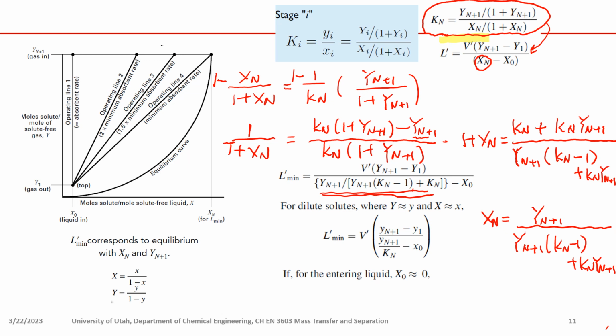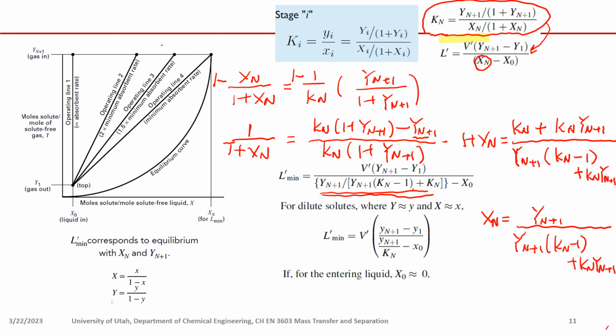And if you look at this equation, if x and y are small compared to 1, then here the denominator will become 1, right? So we have the molar ratio to be approximately equal to the mole fraction, right? Basically, like capital Y approximately equals lowercase y, and the same here.